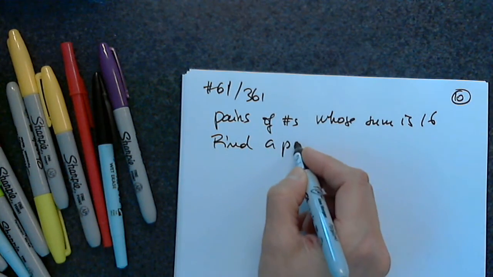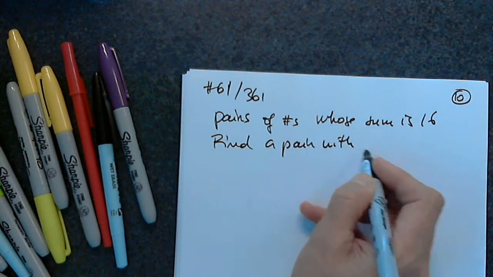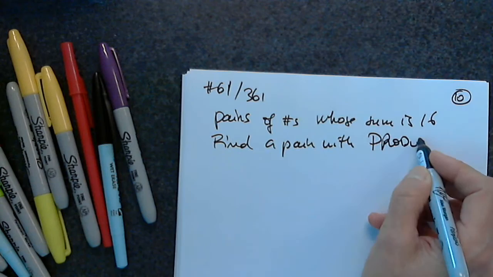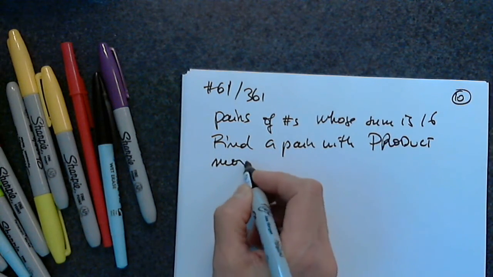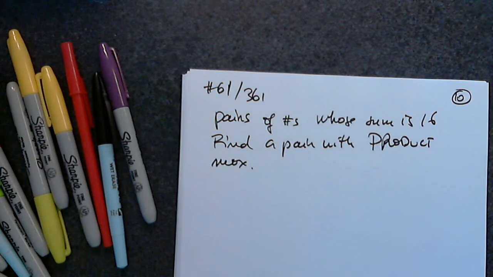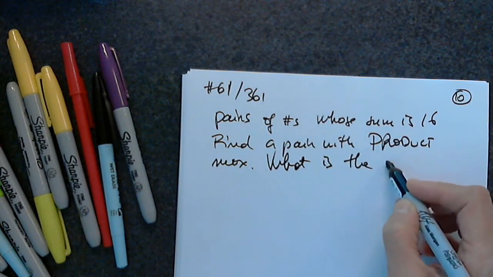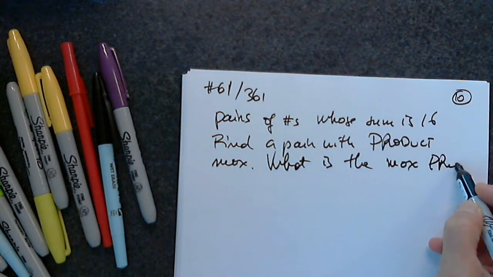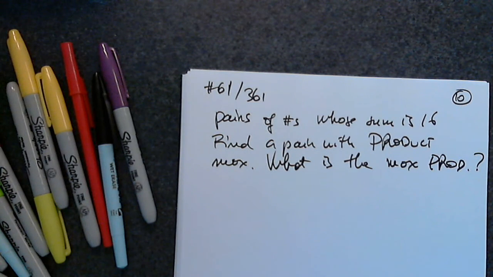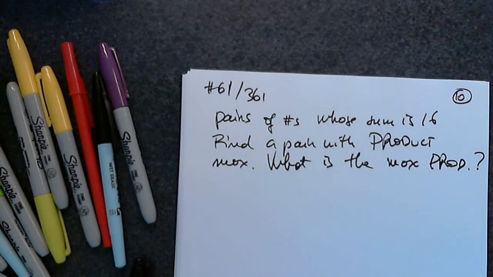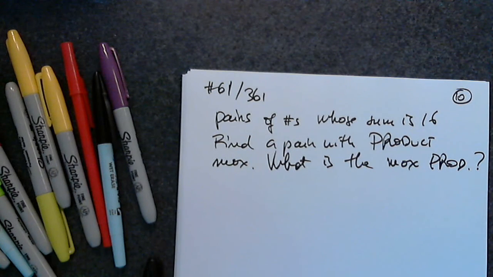Find a pair with product maximum. And what is the maximum product? So from all the pairs whose sum is 16, please give me a pair of two unknown numbers, whose sum is 16.